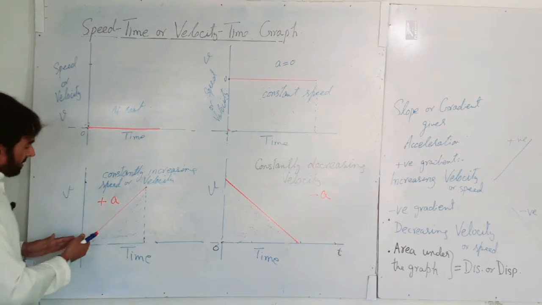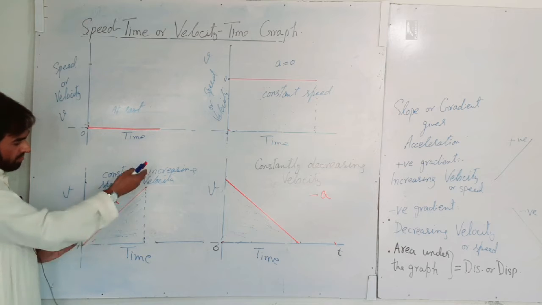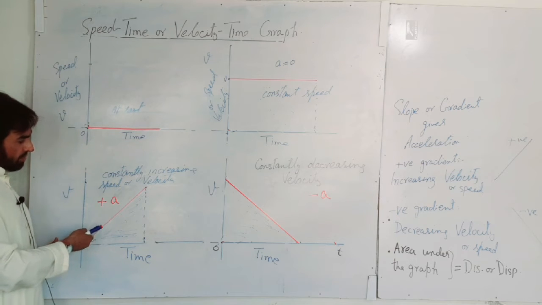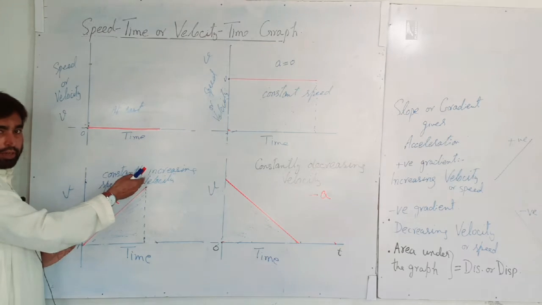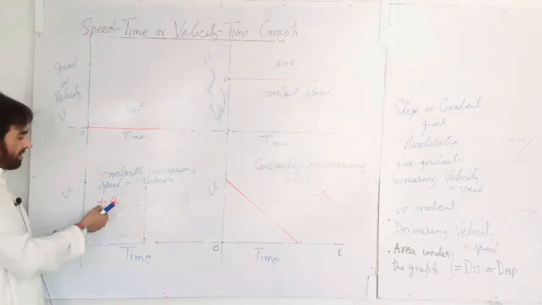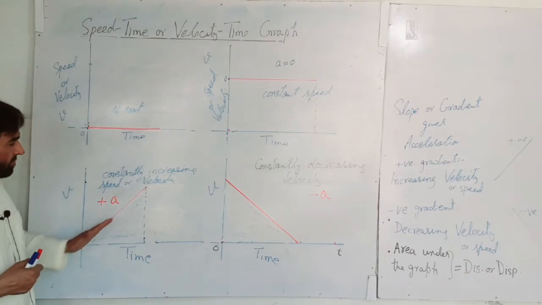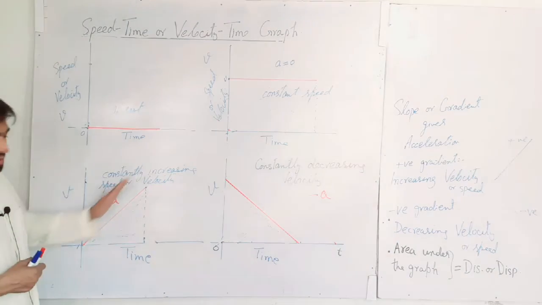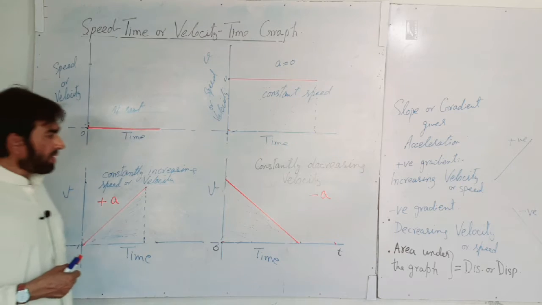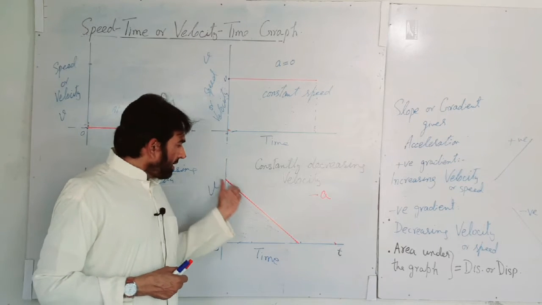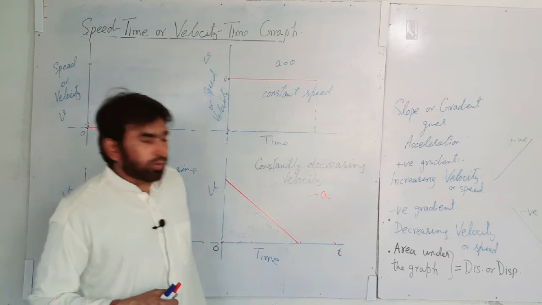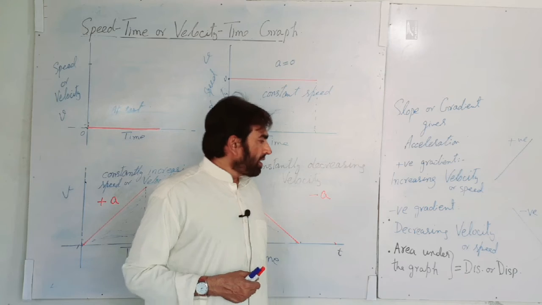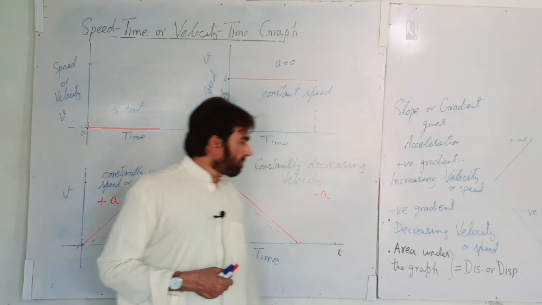In this case you can see that this is a steeper line with a positive gradient. It means this is acceleration. The velocity is constantly increasing. There is a constant increase in the velocity. Now here the negative gradient, as I told you, is showing decreasing velocity.